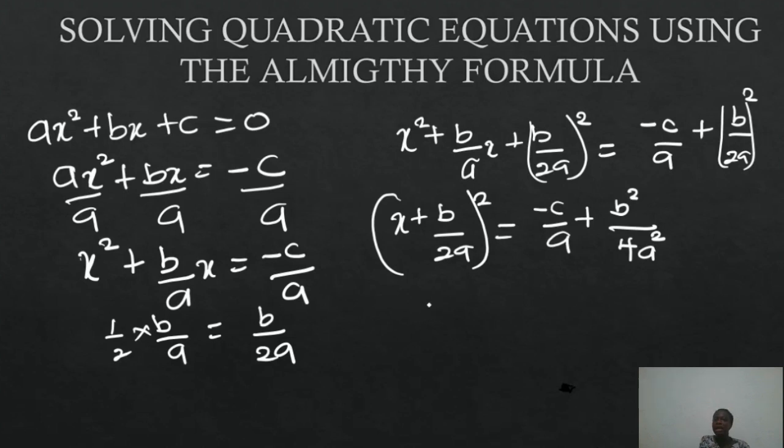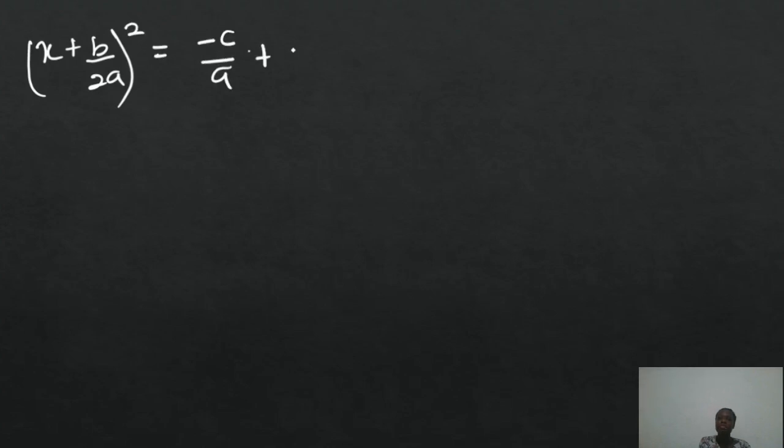So we are going to find the LCM and then move on with it. So we are having x plus b over 2a all squared to be equal to negative c over a plus b squared over 4a squared. Now from here, we are going to find the LCM here.